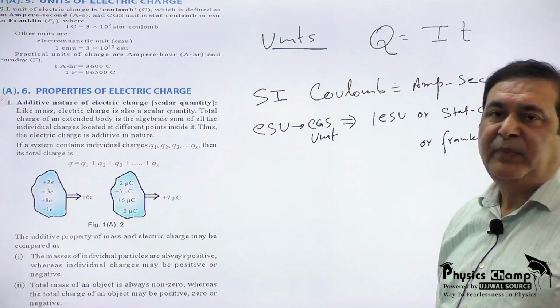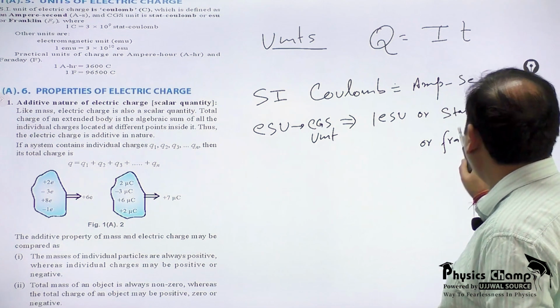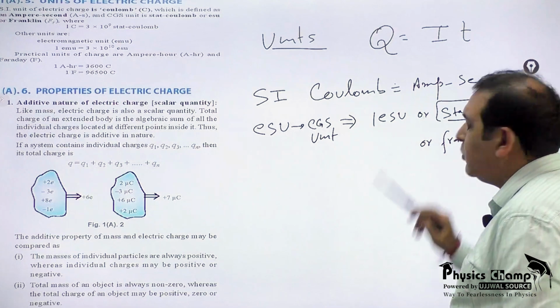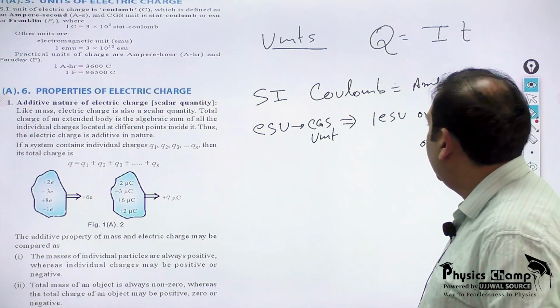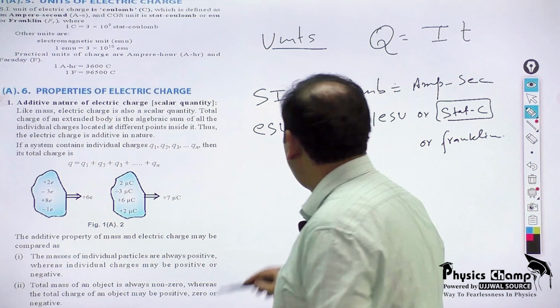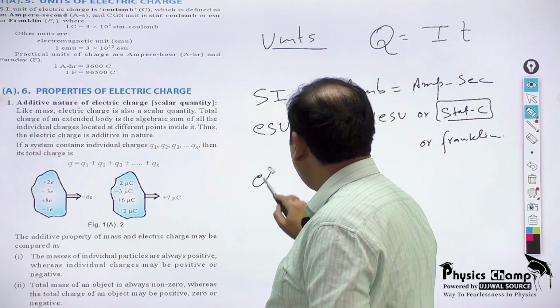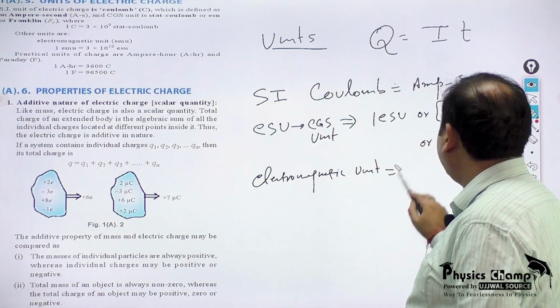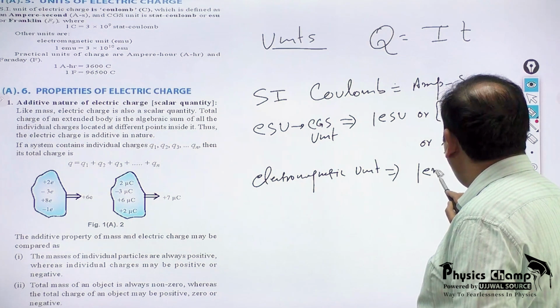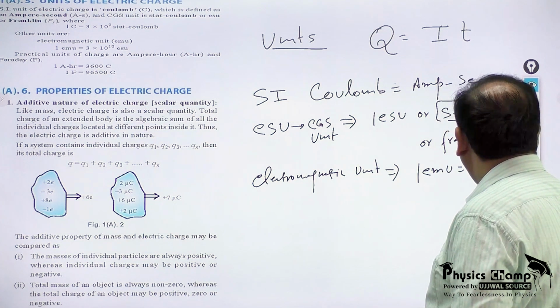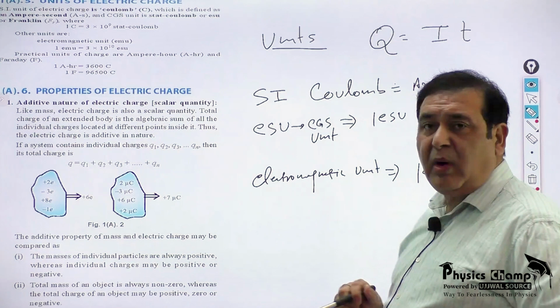So we have the CGS unit, stat coulomb, which is mostly used, and then we have another unit which is the electromagnetic unit, and one electromagnetic unit is 10 coulomb.